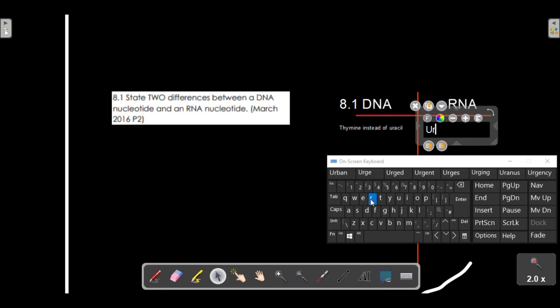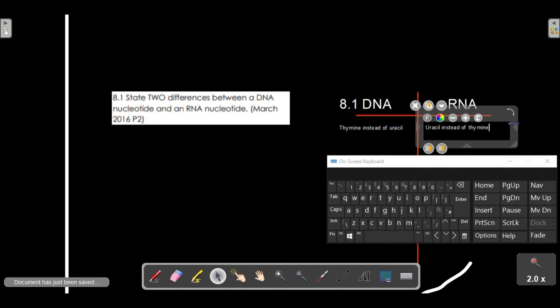So uracil replaces thymine. Okay, right, that's the first difference.